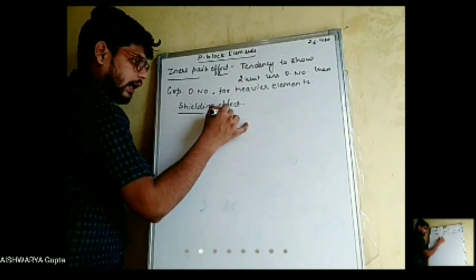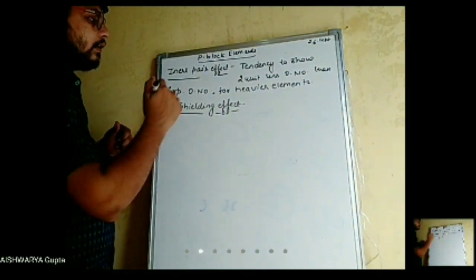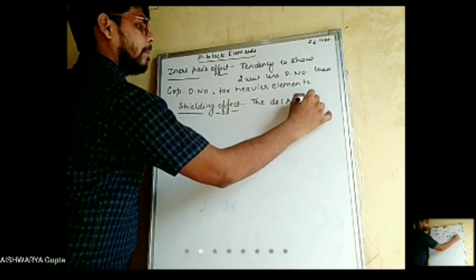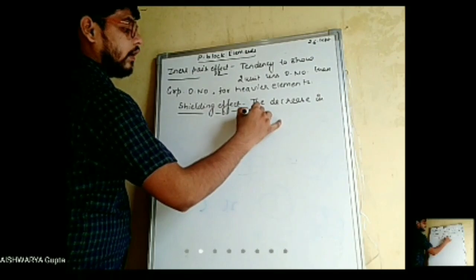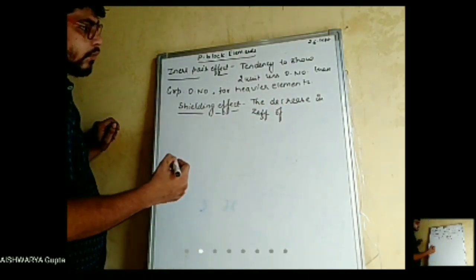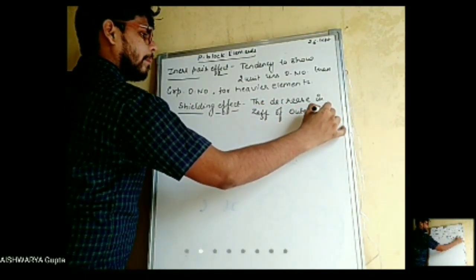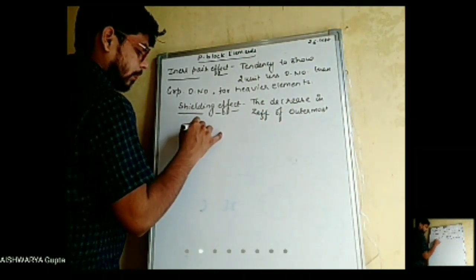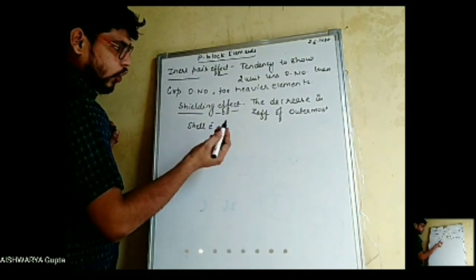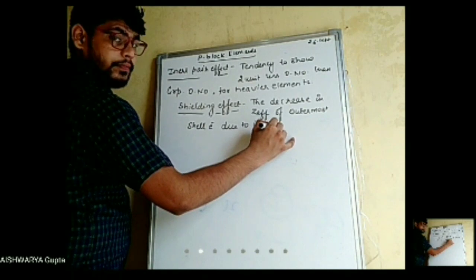Beta, if I write the definition of shielding effect, it is simply the decrease in effective nuclear charge, or Z effective, of outermost shell electrons due to intervening electrons.